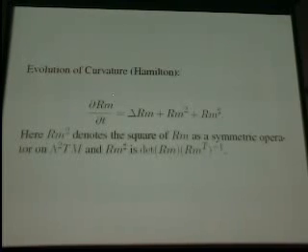You can think of the curvature tensor as a matrix. In 3 dimensions, it's just a 3 by 3 symmetric matrix, and this is the square of the matrix. This is in 3 dimensions simply given by this. It's just the adjoint matrix of the given matrix.